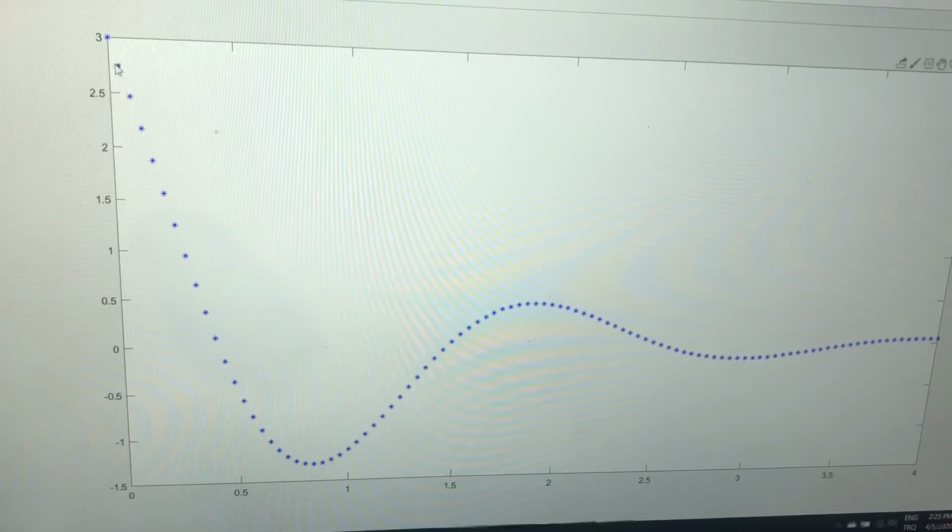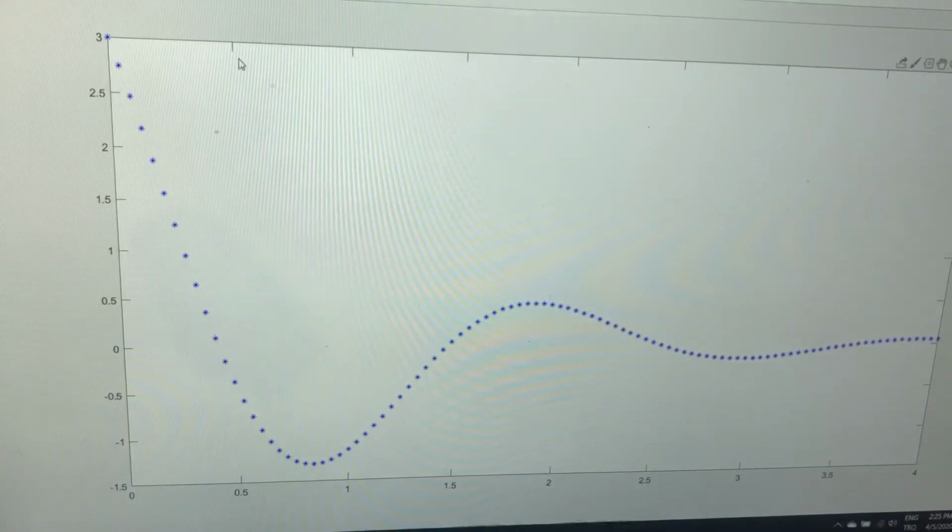Because you know that for the central difference, we are using the next data minus the previous data over 2h increment, right? That's why we cannot use the first data because there is no previous one. And we cannot use the last one because there is no next one. So for the central difference, we need to use all the middle points, okay?